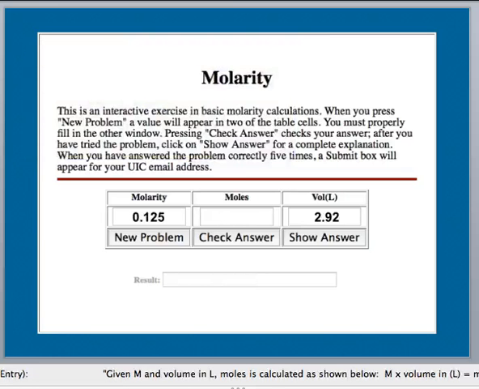Now we are given molarity, and we are given a volume. All we have to do here is calculate the number of moles. Now this is one of my favorites. Concentration times volume is moles.